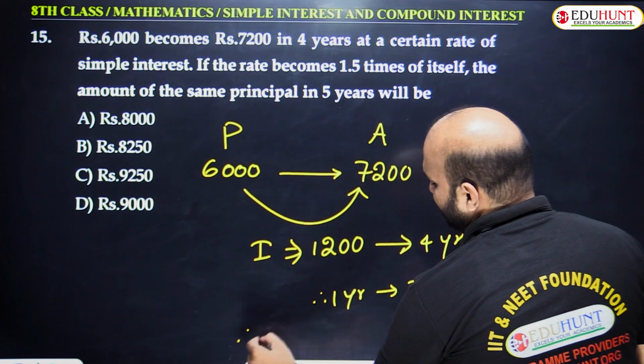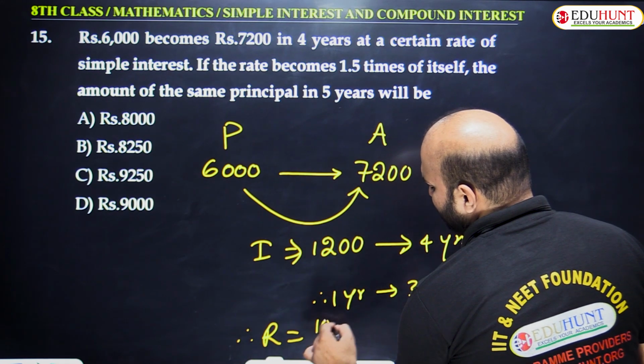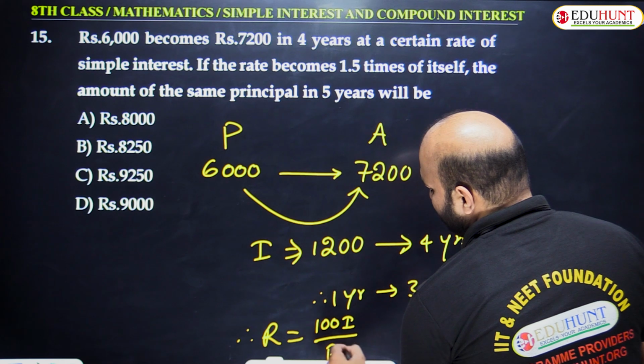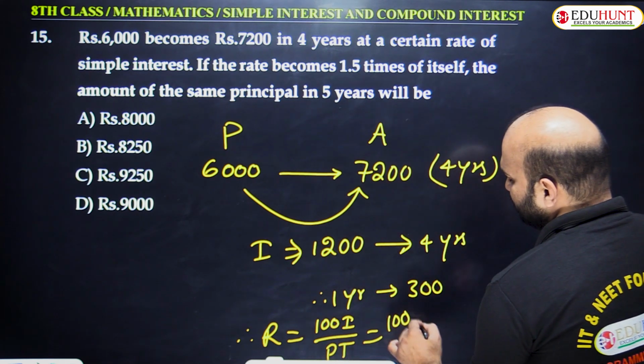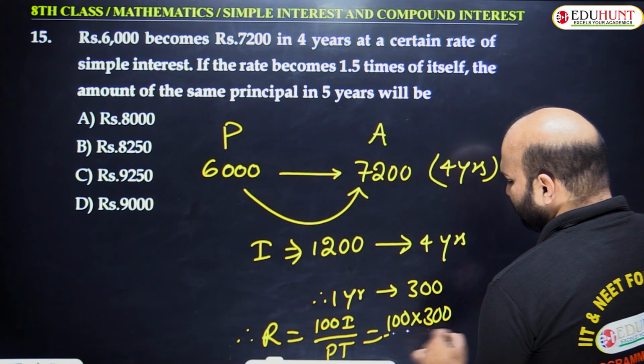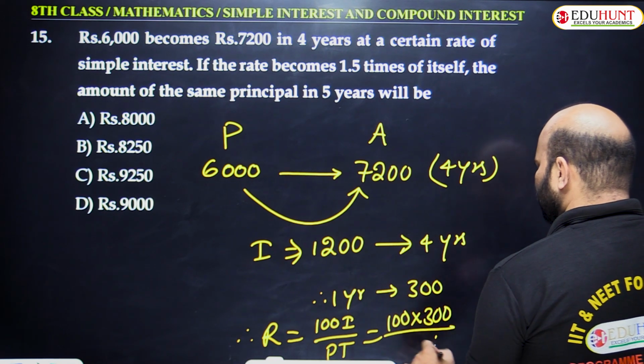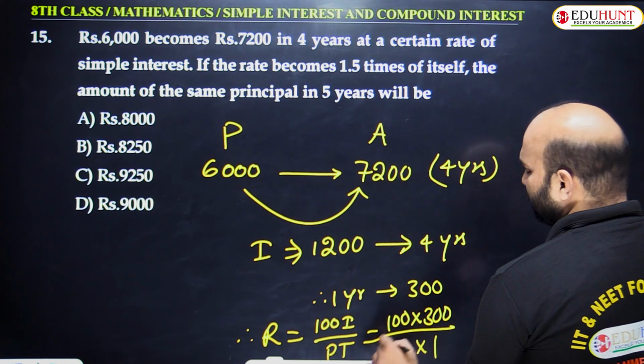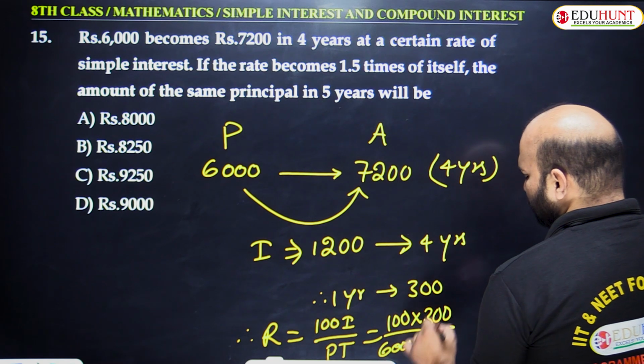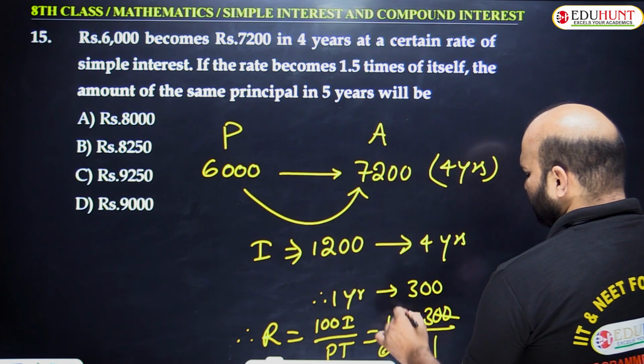So first you have to find the rate of interest. Rate equals the formula 100I by PT. That means 100 into I value, 300 for 1 year, and T is also taken as 1 year, over principal 6,000. 30 cancel.